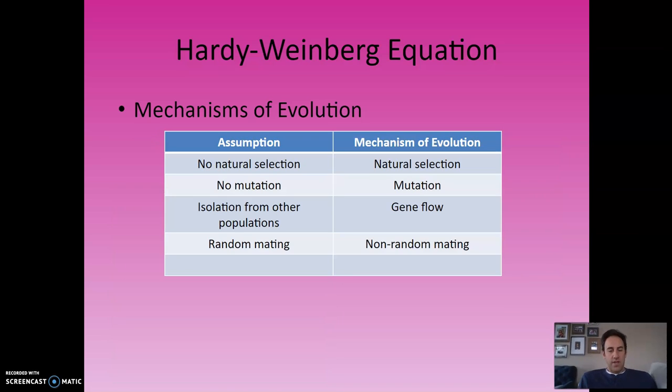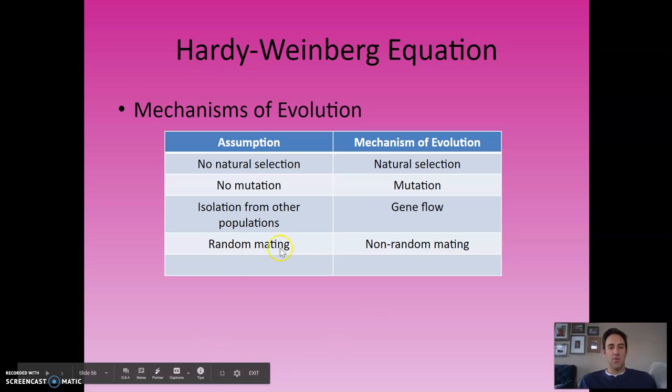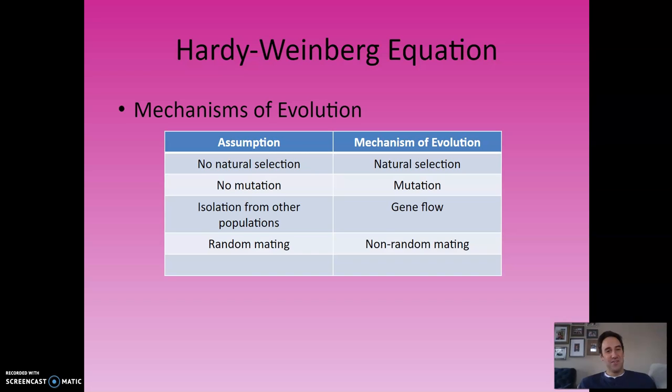So our fourth assumption of Hardy-Weinberg equilibrium is random mating. What that means is that basically, partners, it's kind of inappropriate actually, just random hookups, I guess. Just individuals kind of randomly connecting and mating. You would think, wait, what?